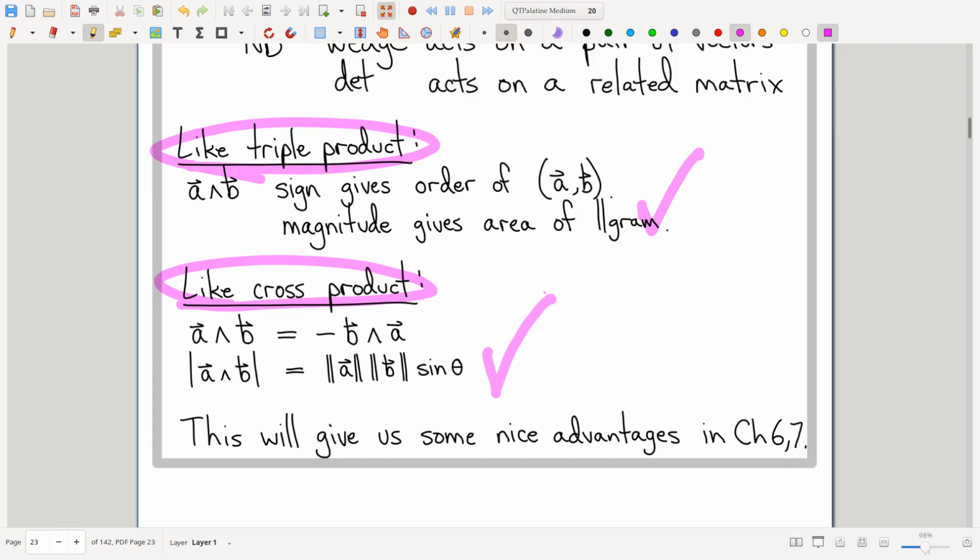Again, flip back through the notes, persuade yourself that we've talked about these things. And I will note real quick, this is the area of the parallelogram. I didn't write that formula down but it's in the book. The magnitude is the area.